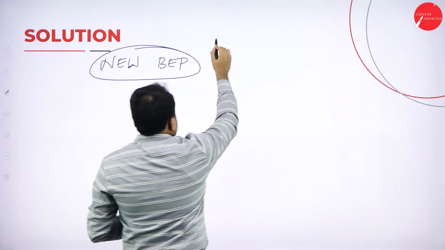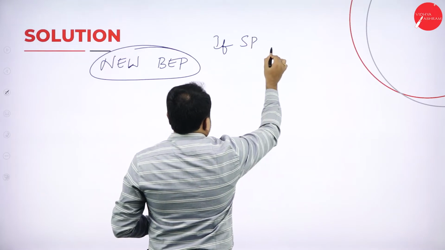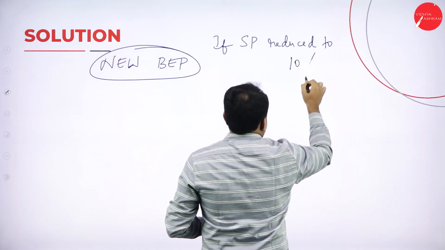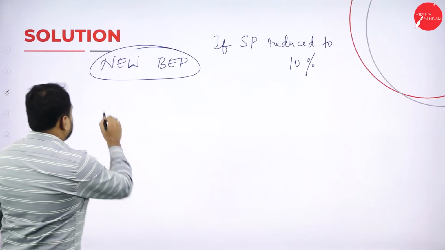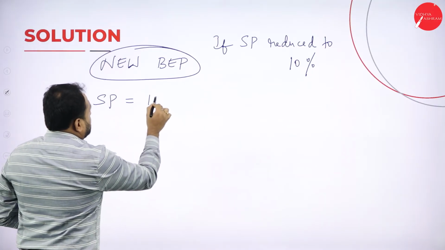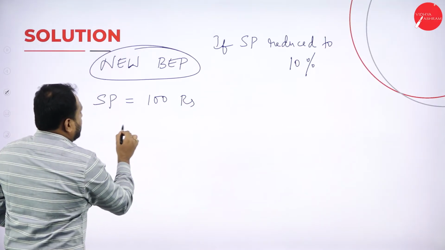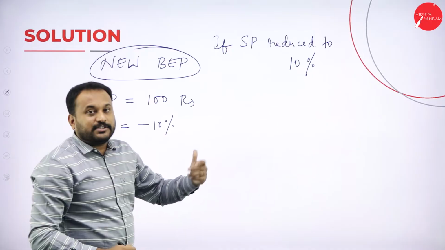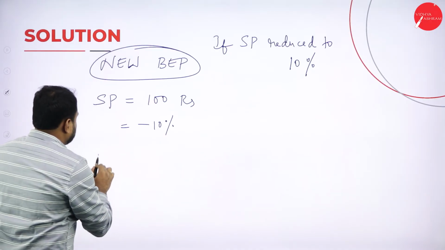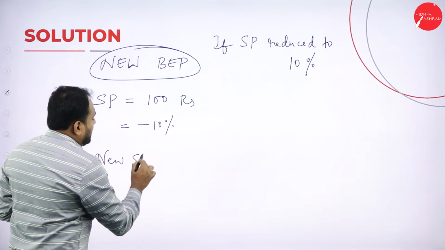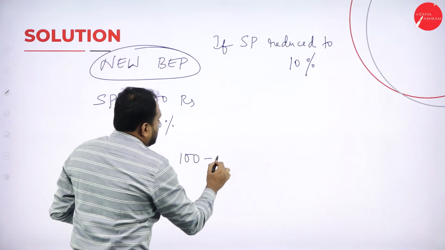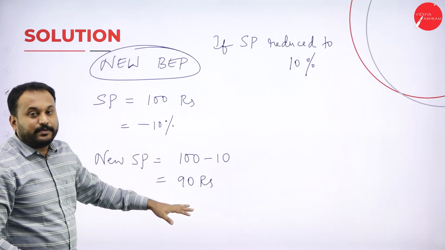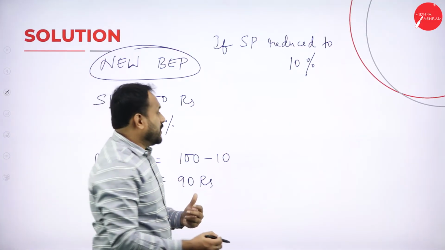They have only said that if the selling price is reduced by 10%. What was the selling price? The selling price was 100 rupees. Now it should be reduced by 10%. What is 10% of 100? 10 rupees. So the new selling price is equal to 100 minus 10, which is 90 rupees. So when it is 90 rupees, what is my new BEP?